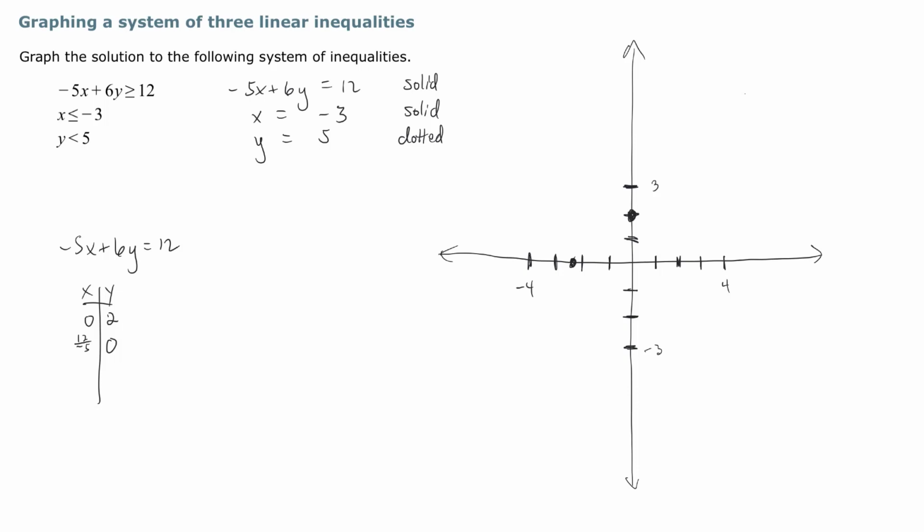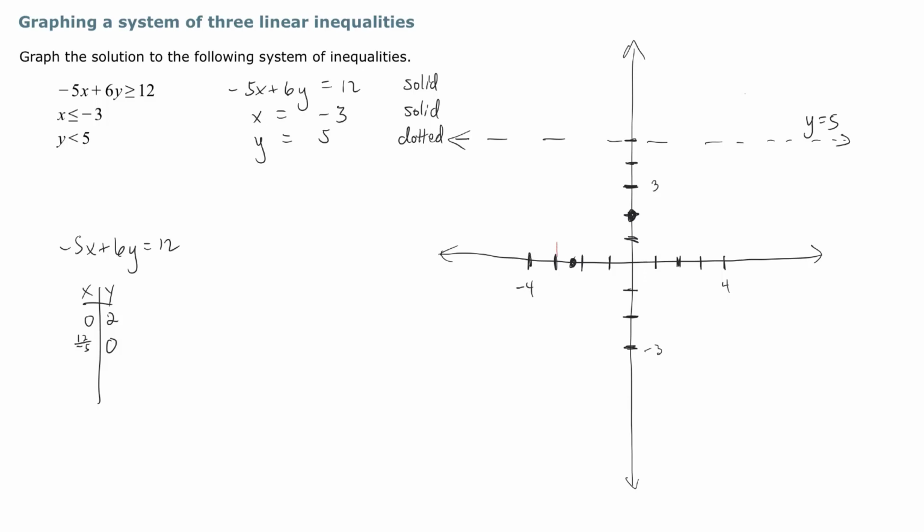I'm also going to draw my horizontal line. This line right here needs to be dotted. That's the dotted line labeled what? Y equals 5. We also have a vertical line right here.